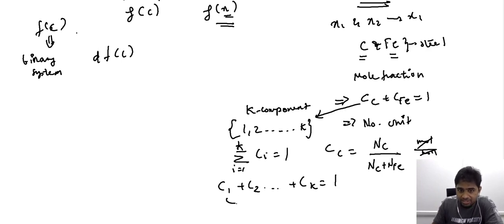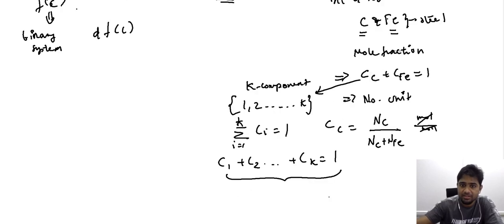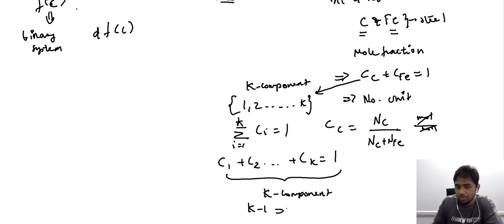Now, this relation helps us in reducing the dimensionality of the system, meaning when we are handling such a system, we don't need to consider all k components separately, but this relation allows us to handle only k minus 1 components.